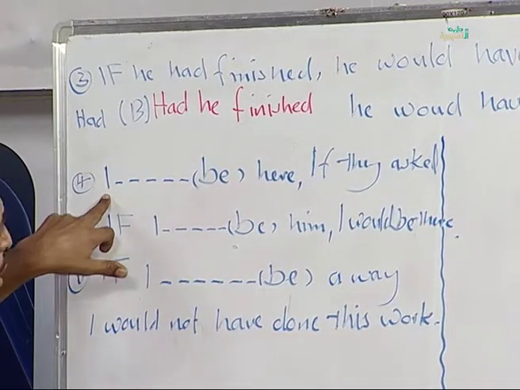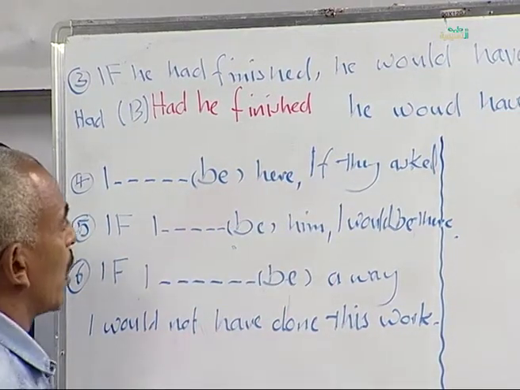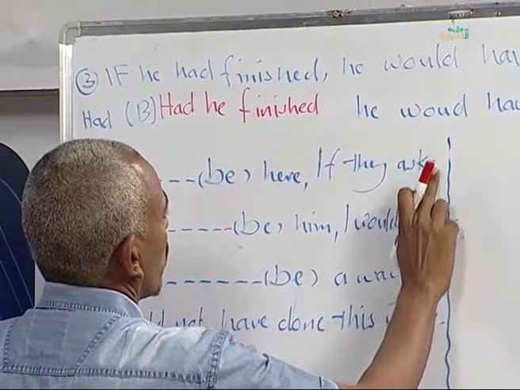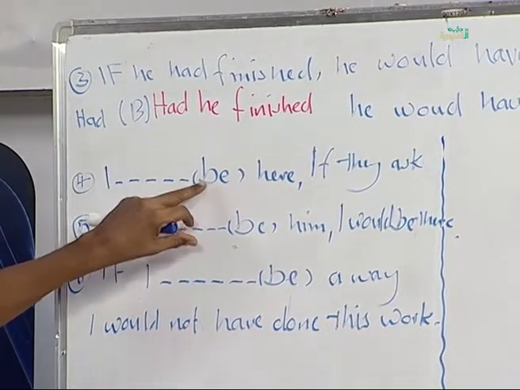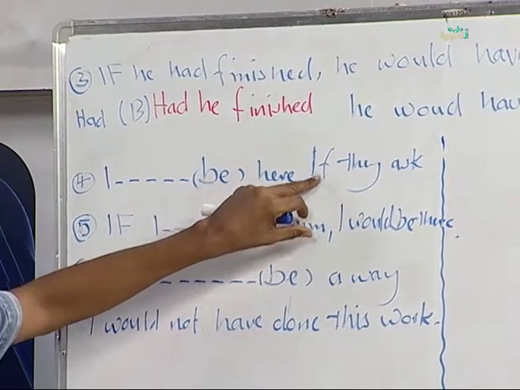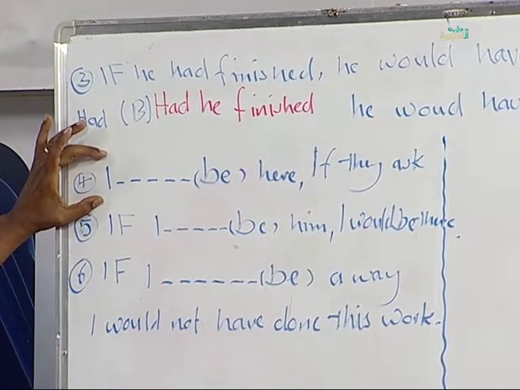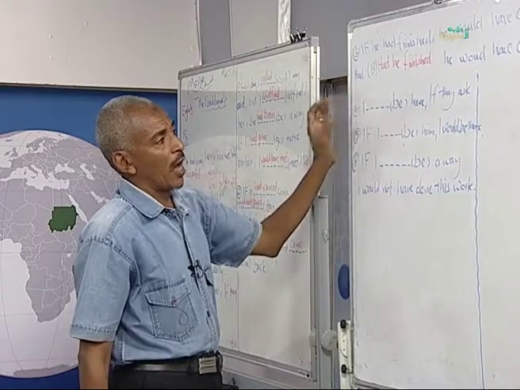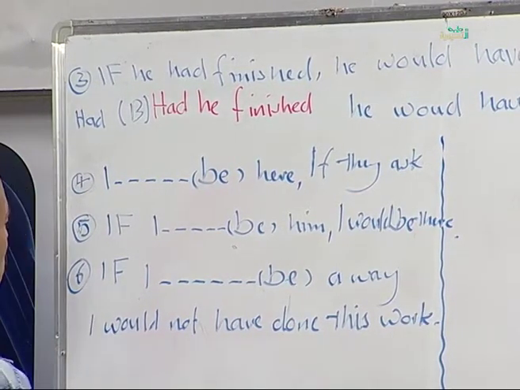I dash if they ask. As you see, it is possible for me to be here. And according to the possibility here, this sentence is type 1.